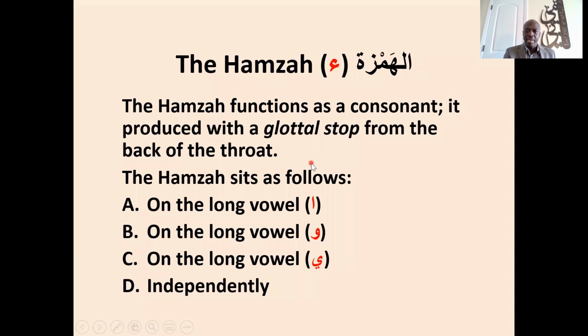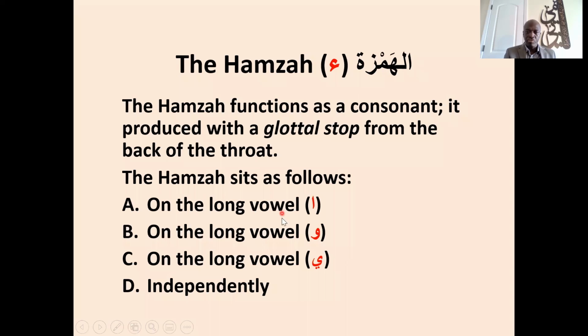And the Hamza has three different seats and could stand alone. These three different seats are the long vowel alif, the long vowel waw and the long vowel ya. As I mentioned previously, when Hamza is seated on one of these three long vowels, they will no longer be long vowels, they will be like consonants, and the Hamza can sit independently by itself.